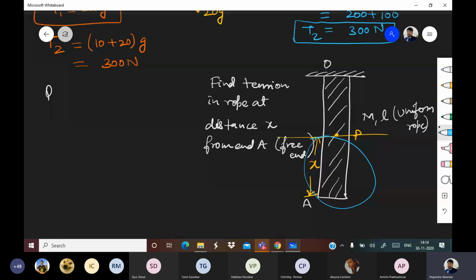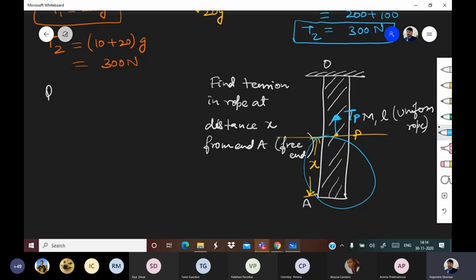So pay attention everyone. TP is acting upward. mg is acting downward. Now this is not capital M g, this will be small mg, and small m is the mass of this part which is going to fall.